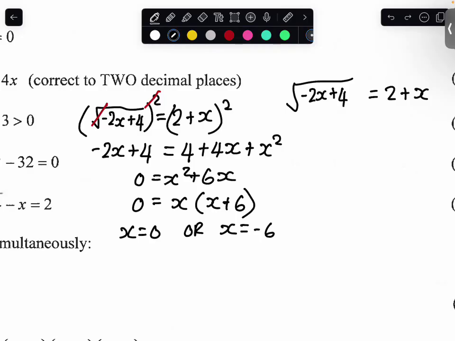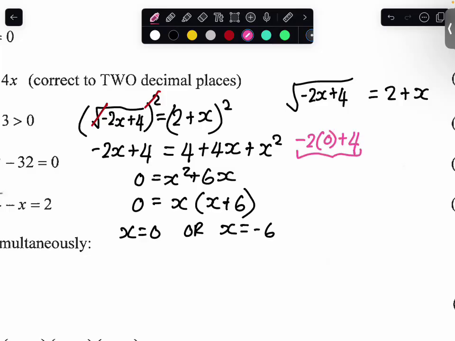And what you are testing for is that underneath the root is not negative, because that's non-real, and that the answer to the root, on the other side, is also not negative. So we don't want under the root to be negative, and we don't want the answer to the root to be negative. So I'm going to take my first solution, which is x is equal to 0, and I'm going to sub 0 for x.